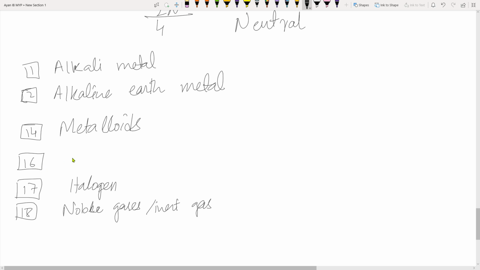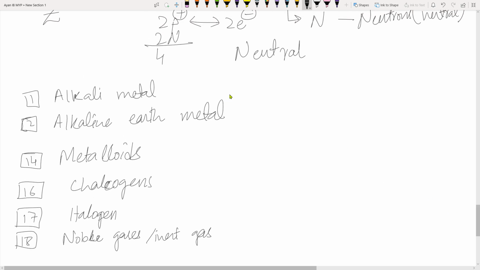Along with that we have number 16, which are chalcogens. As for the names, I'm just going to give some of the metals: sodium, lithium, potassium for alkali; beryllium, magnesium, calcium for alkaline earth; then for metalloids, we have carbon, silicon; chalcogens, we've got oxygen, sulfur.